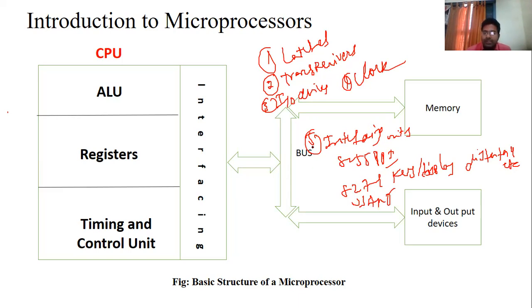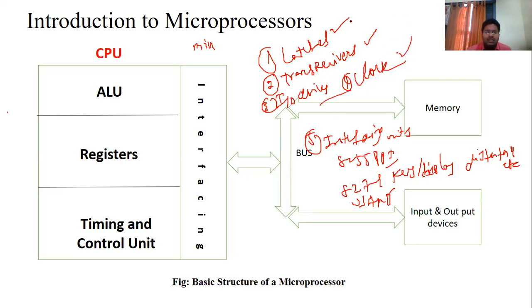Different types of devices are needed to interface the memory and input output devices to this CPU. So our intention here is how the CPU works in minimum mode when it is connected to the memory. For that purpose, it requires latches, transceivers, input output devices, and some clocks.